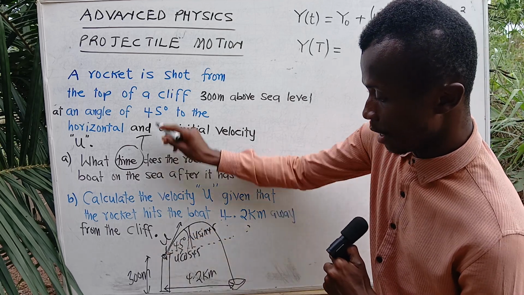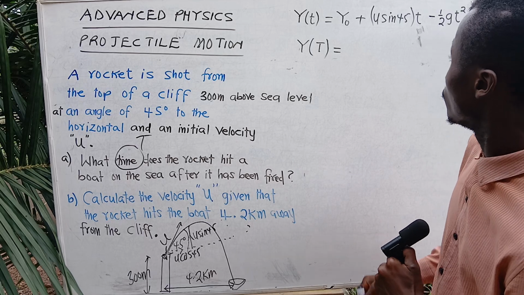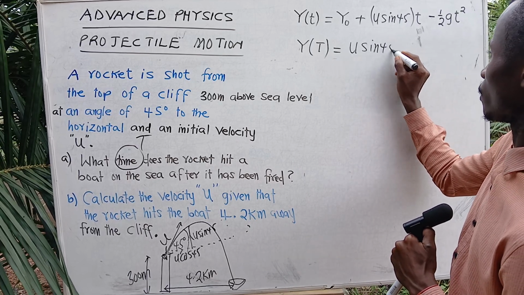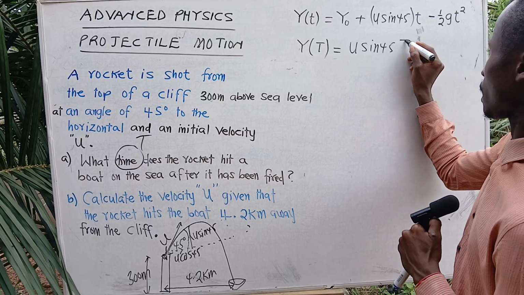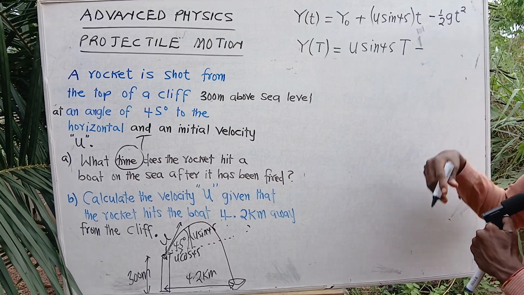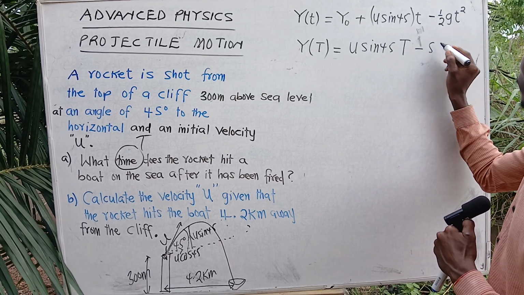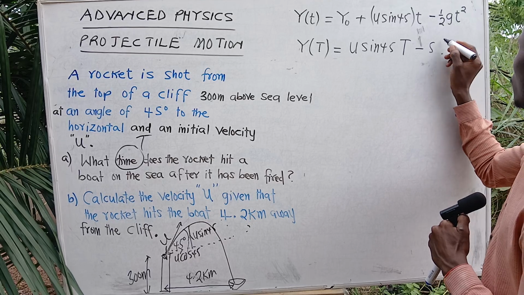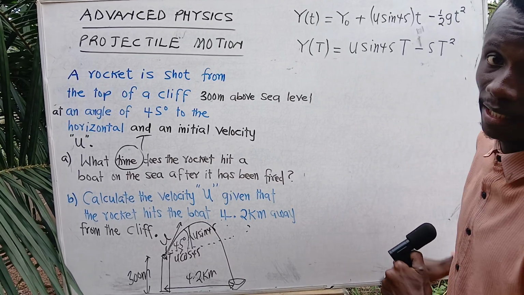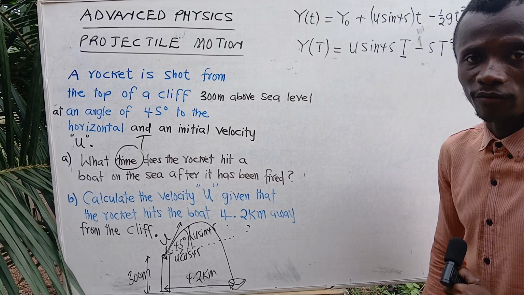And this is the increasing direction of the y, and this is a decreasing direction of y. So we have u sine 45 degrees times, this time around, the time of flight, which we are looking for, minus half g. Let's take g to be 10 for simplicity. We have 5 capital T squared. The 5 is got from half of 10. So it is this time of flight we are looking for.